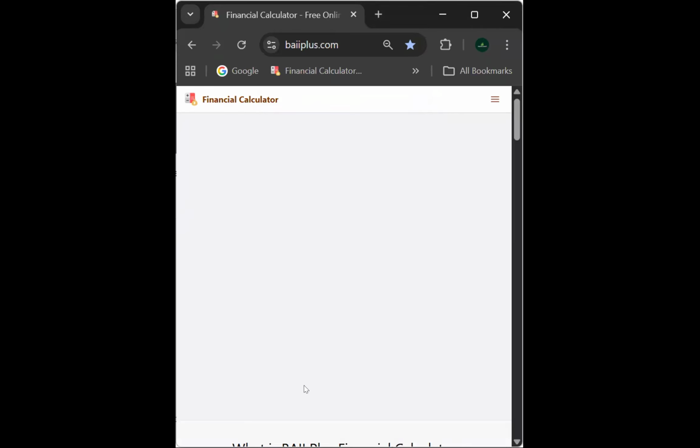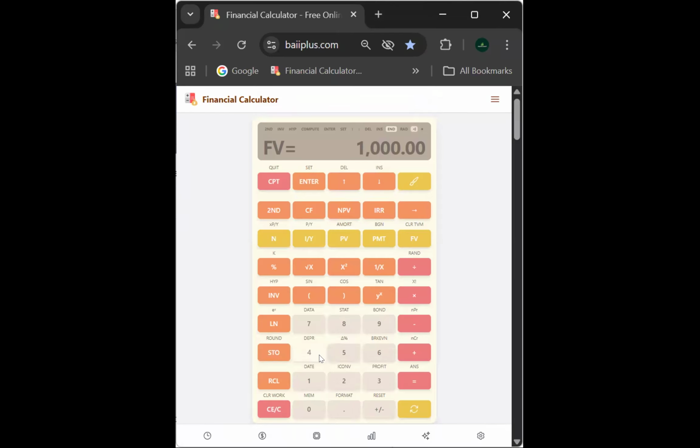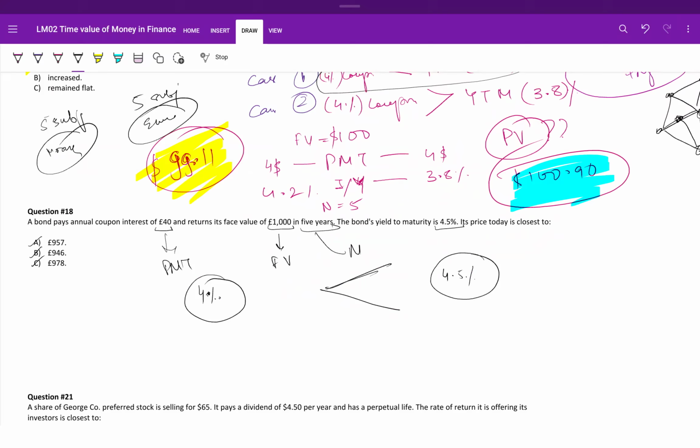The future value is $1,000, the payment is $40, N is 5 years, and IY is 4.5%. Now we compute the present value: 978. So the correct answer is 978.